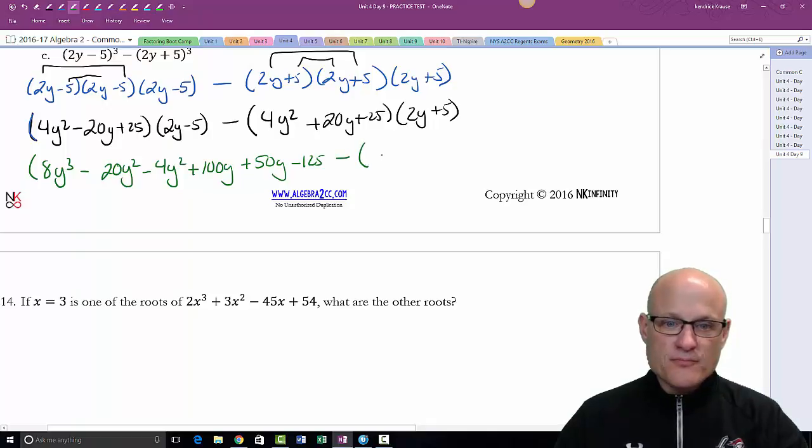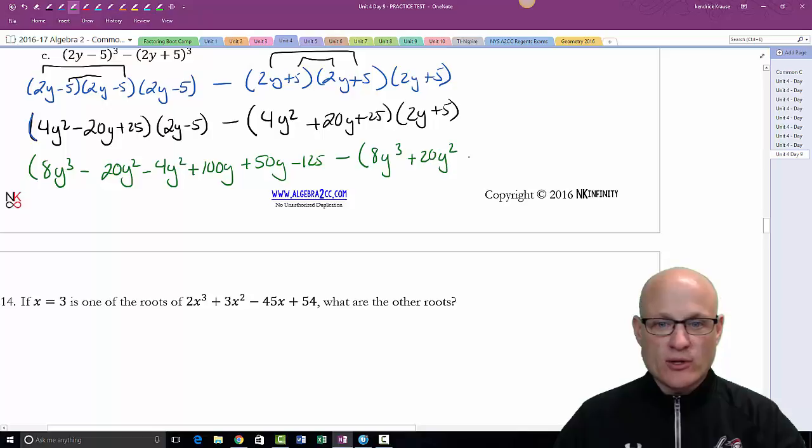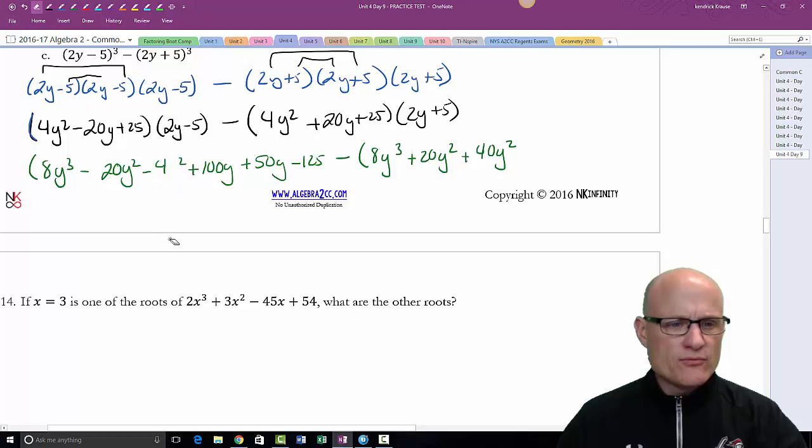Minus, now that's going to be all that same stuff. 8y cubed plus 20y squared plus 40y squared. This should be 40, that should be 40y squared.